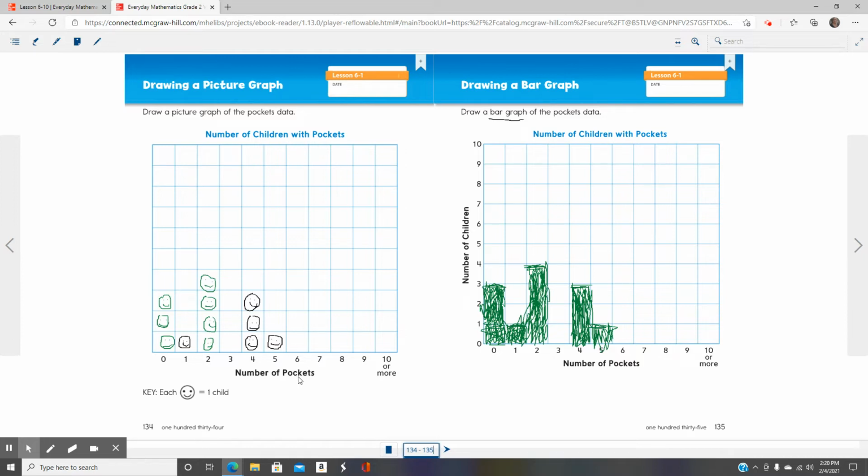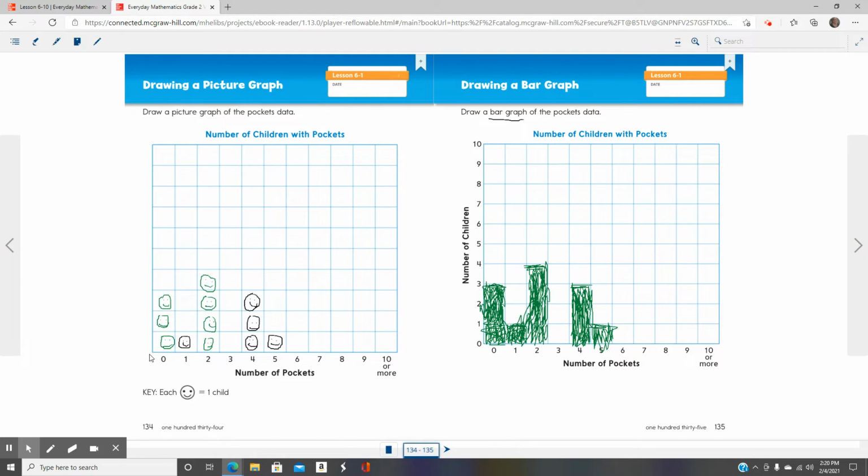Since we were gathering data or information about pockets, the label down here says number of pockets, and here are the numbers 0 through 10 or more. And we drew pictures to show how many kids were wearing how many pockets. Now, what made us decide on a smiley face picture?